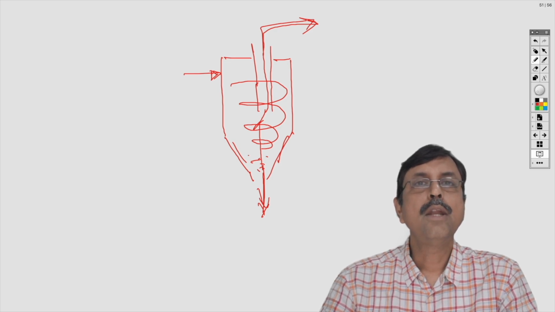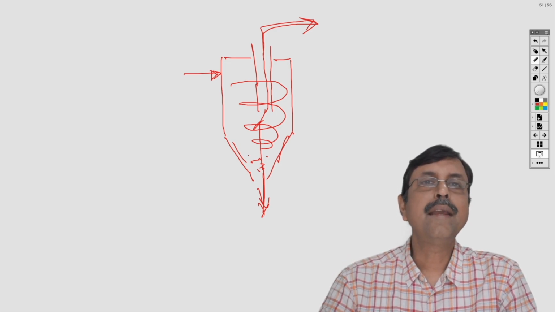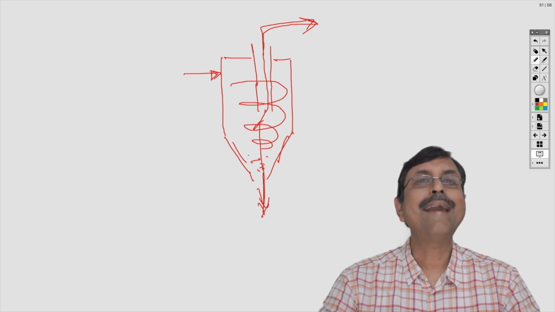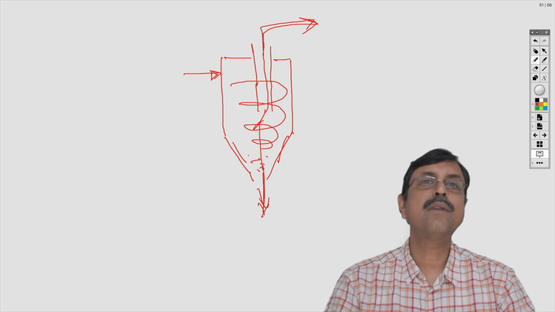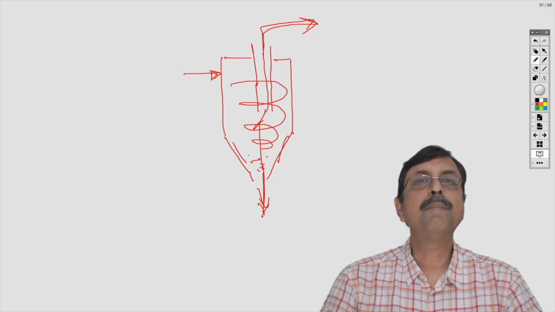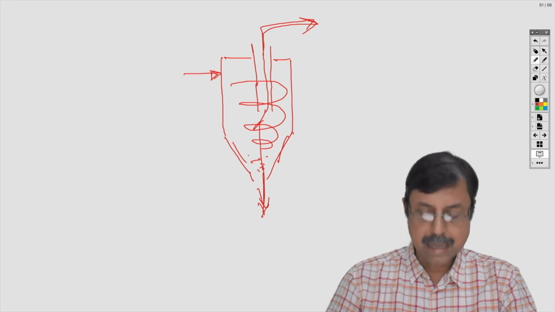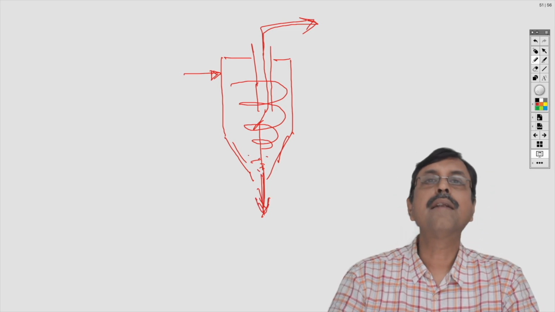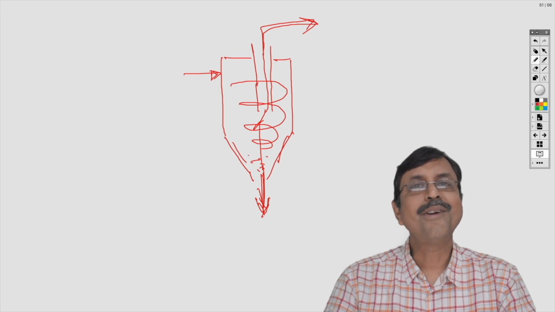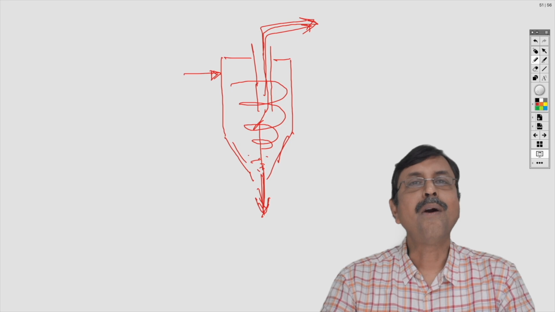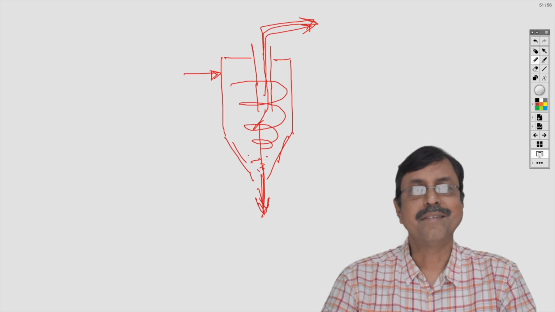But in all of them, one thing is very common, that is efficiency. The efficiency means the extent of separation that we can achieve with that particular cyclone. The 100% separation is if the bottom product contains all the solids and the top product contains all the gaseous substance.